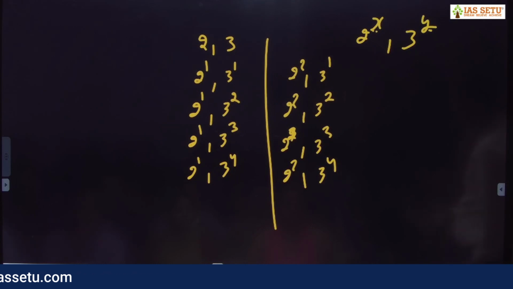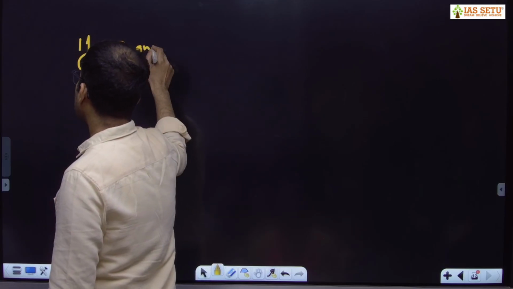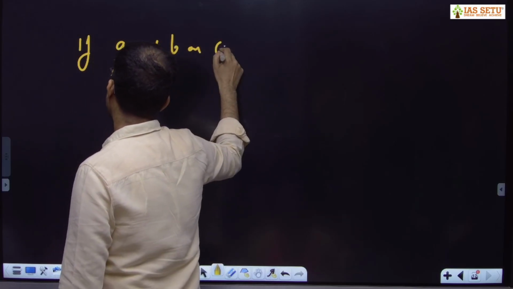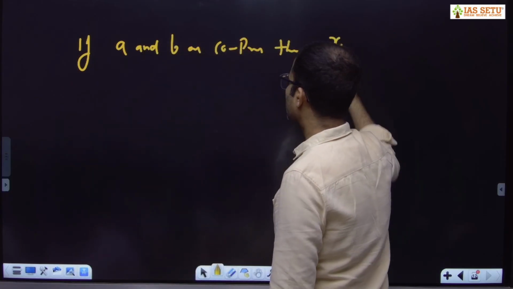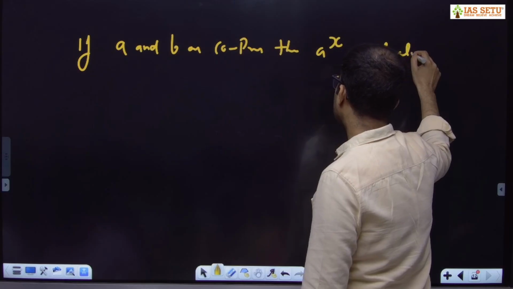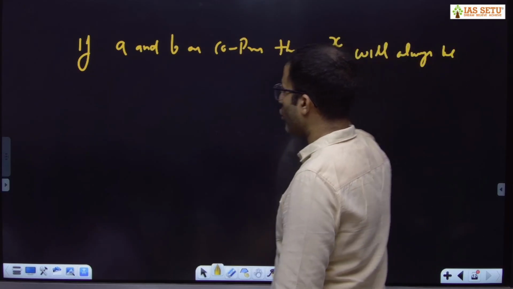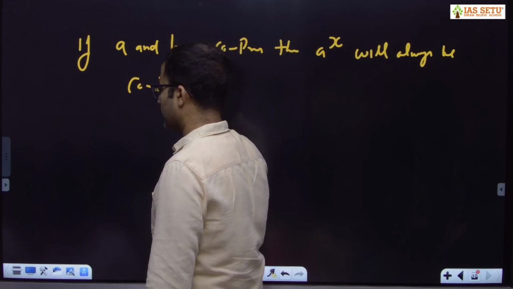You write: if a and b are co-prime, then a to the power x will always be co-prime to b to the power y.